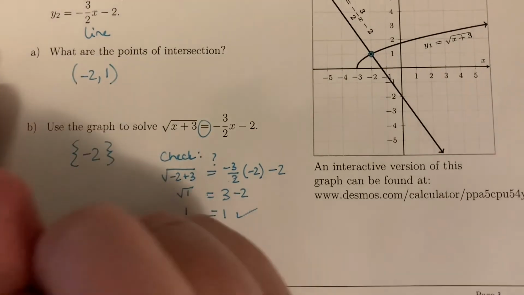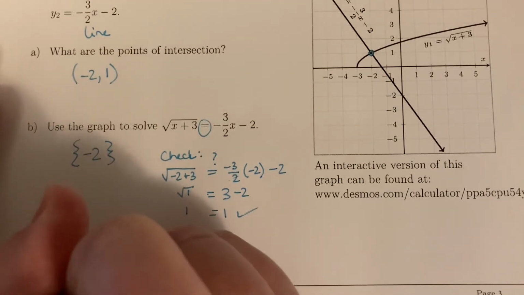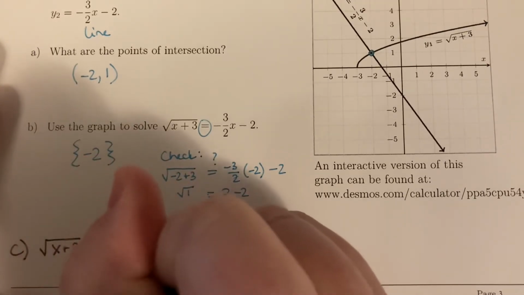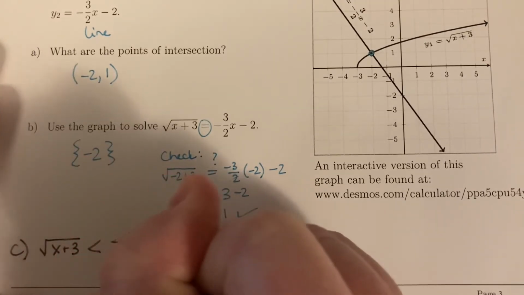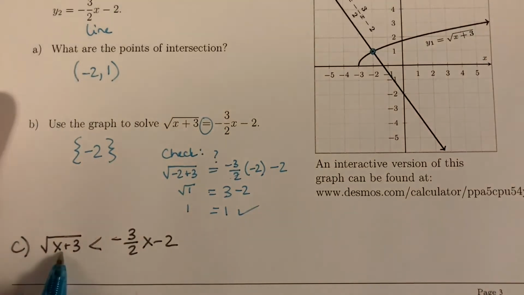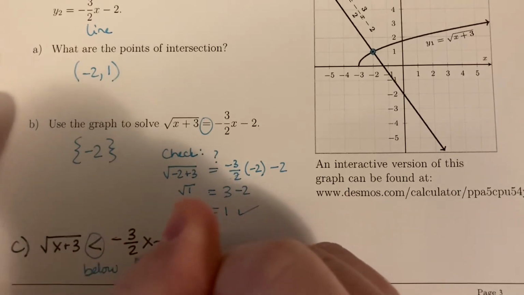All right, last one, part C. I want to solve for where the square root of x plus 3 is less than -3/2 x minus 2. So this means where is the square root function below the line? Because this is the line.